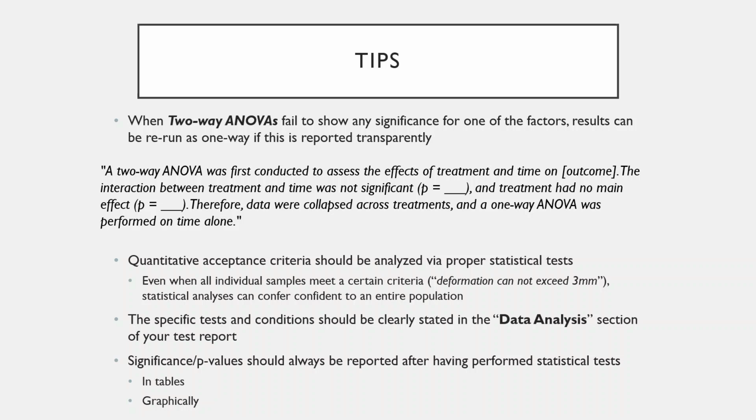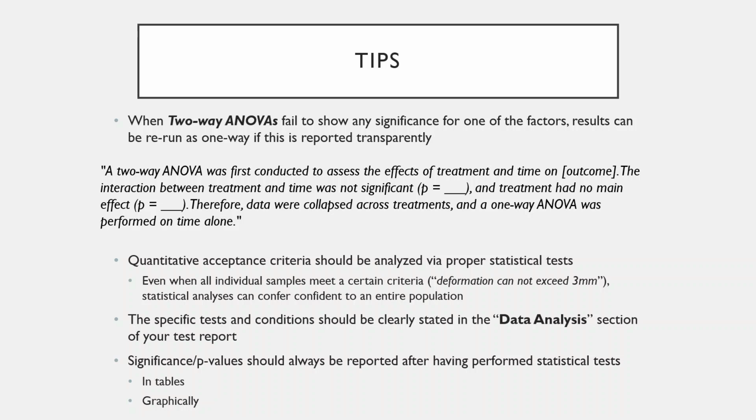You always want to specify the statistical test and the conditions in which you ran them in your test reporting, in some sort of data analysis section. Historically, for me, it's always been the very last section of your materials and methods, your procedures section, usually right after acceptance criteria.